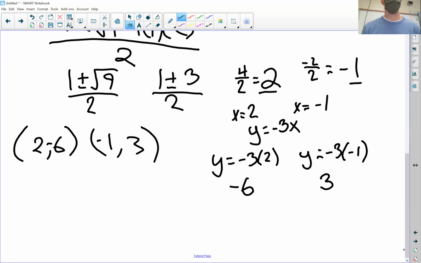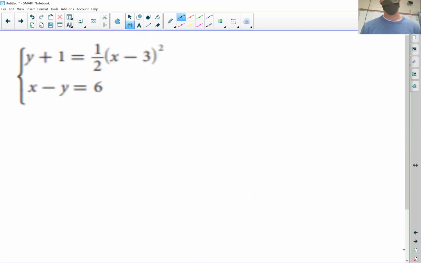All right, for another example. What about this one? It's not that bad. I have a linear and a quadratic, yes? So I have trained you. Go after the little one, so that's the bottom one.